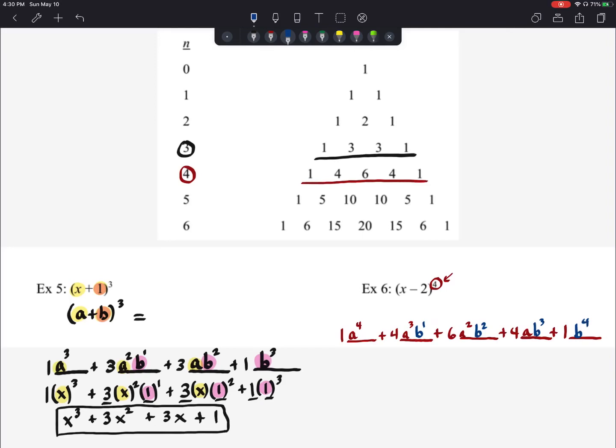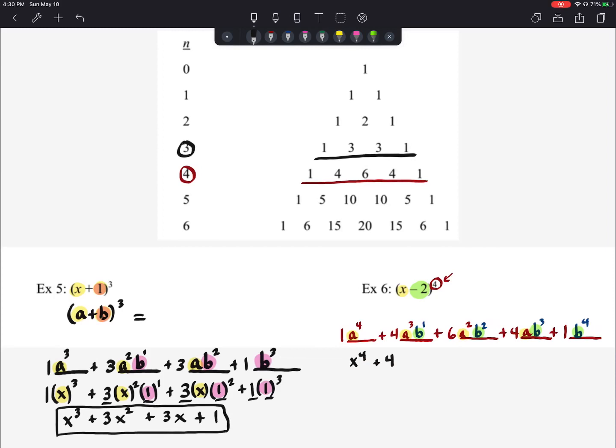And now we're going to just substitute in, right? We've got our a values. We'll be substituting in an x in their places. And then we will be substituting in a negative 2 for the b values. Let's swap them out and see what happens. So we have 1 times x to the fourth. I can just go ahead and make it x to the fourth since I know that's what it's going to be.